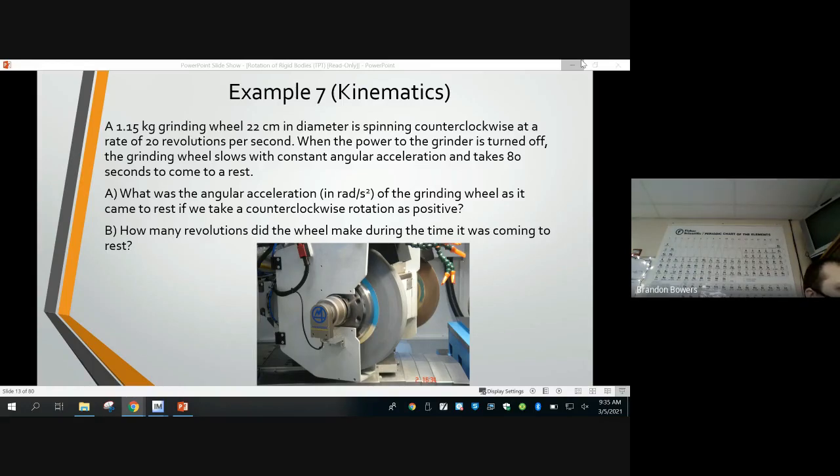You're going to have to convert that to radians per second. What about the centimeters? Do that to meters? That information is there. Yep, you don't need that. I knew that. So if you do one revolution, how many radians was that?